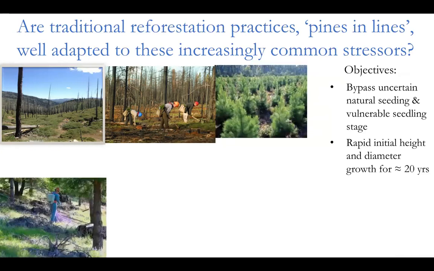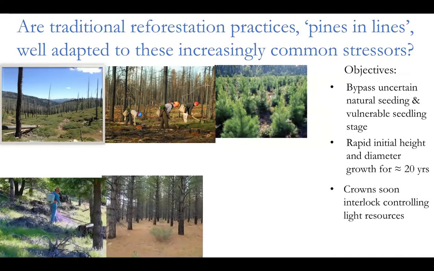And then once the pines go in the ground, or once the trees go in the ground, we'll show pines in all of our examples here today, the expectation is that you get rapid height and diameter growth on the order of 20 years, more or less, depending on your site quality. And part of that process is that eventually the crowns interlock and control light resources.